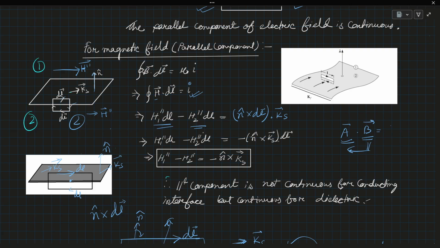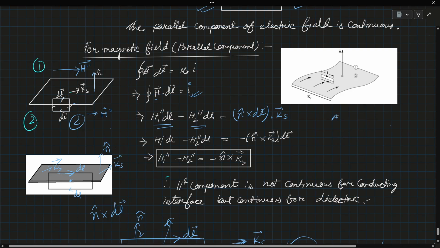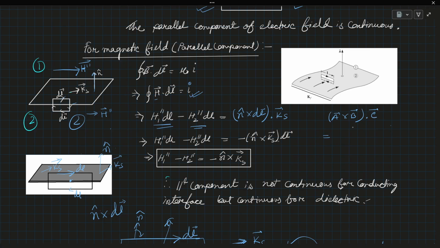Now I am going to use a vector identity. Let me write it down. A cross B dot C is equal to C cross A dot B, that means minus of A cross C dot B. So consider this as A, this as B, and this as C. This is equal to minus of A cross C, that means n cross Ks dot dl.